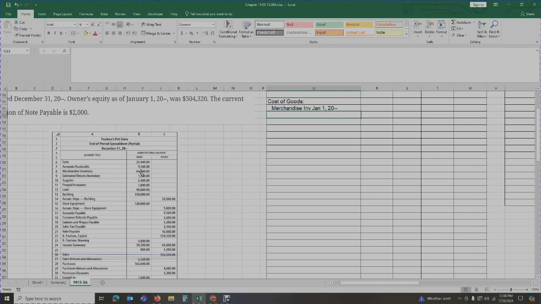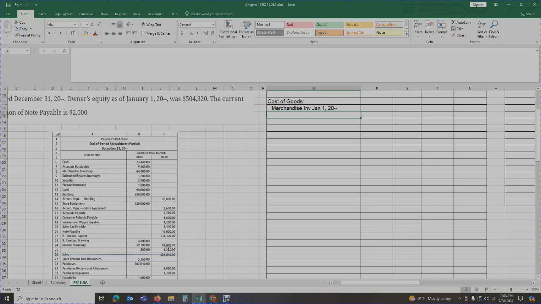If you recall from the closing process, when we close our inventory account, it's a two-step process. First, we close out the ending inventory that we have as of that point in time, and then we post the new, updated inventory. Those closing entries are done to income summary. If you look at income summary, line number 24, it says we have a debit of $59,200 and a credit of $64,800.